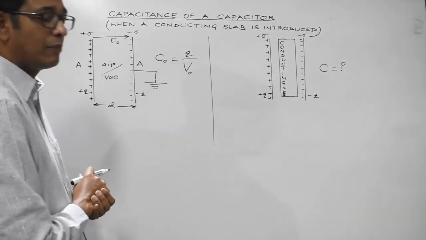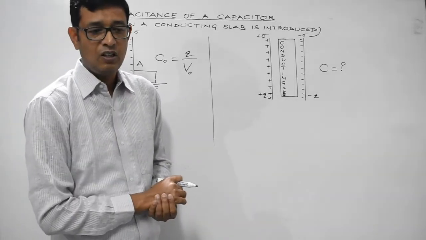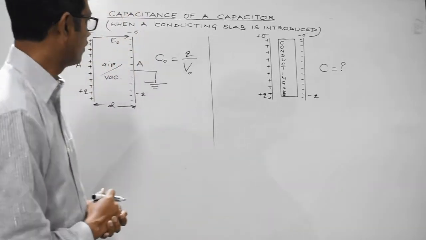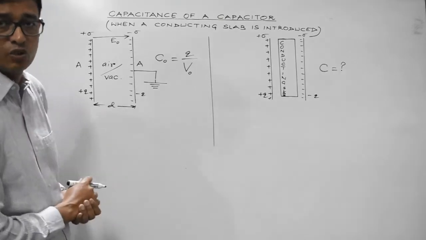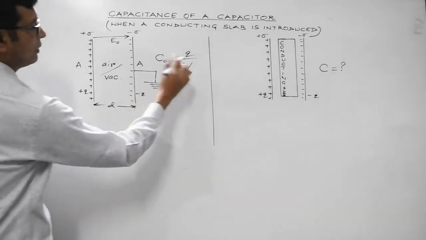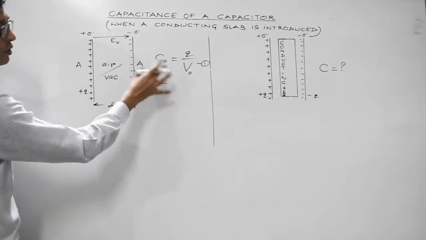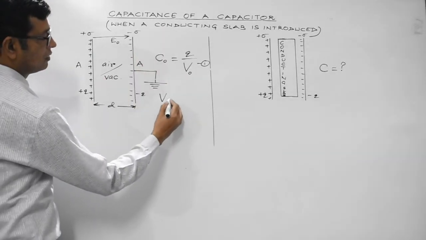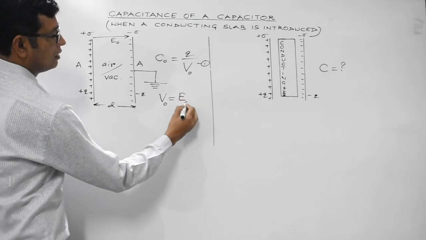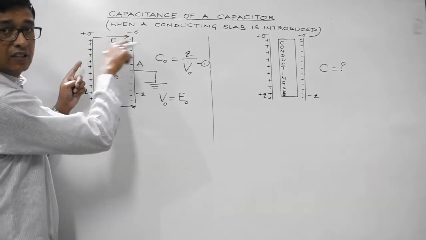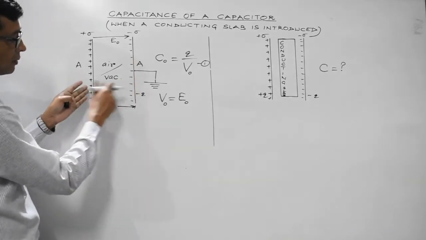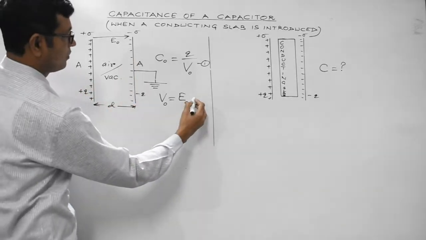Let's start with the capacitance of a parallel plate capacitor. Although we have done it previously in the previous session, still once again let's do it. Now look, this is the basic formula we are all aware of. Capacitance is given by Q by V. Potential difference is given by the uniform electric field, which is considered to be E naught, multiplied by the distance between the plates, the distance up to which this electric field is effective.